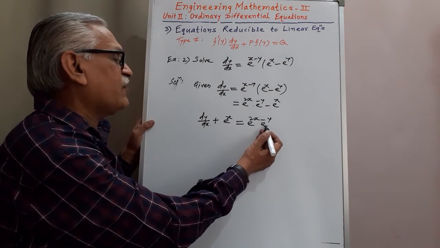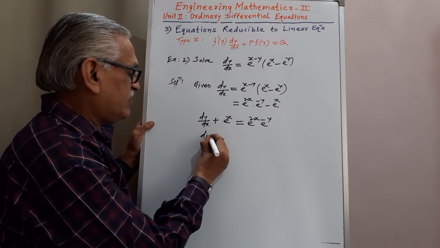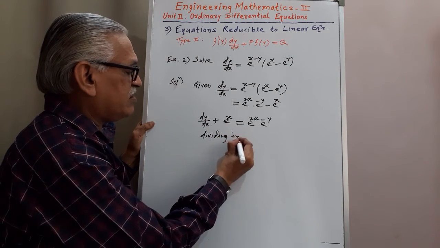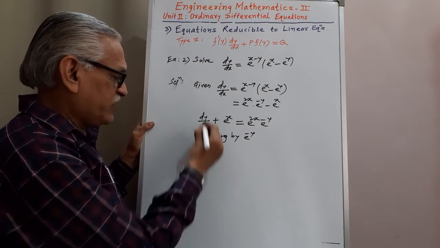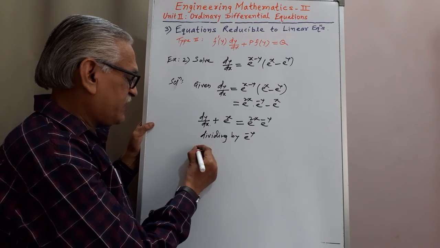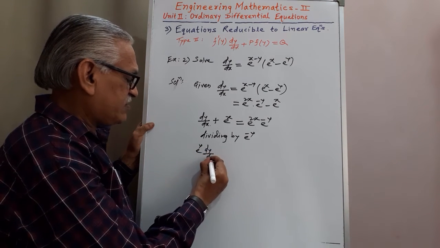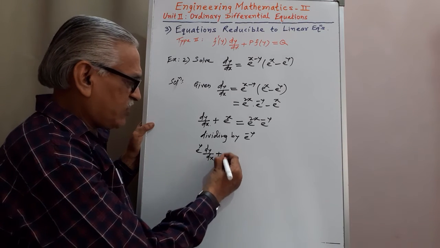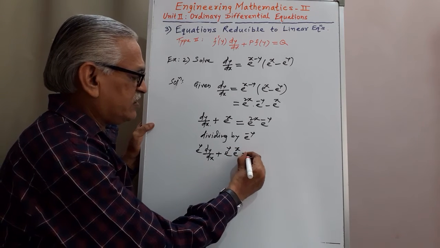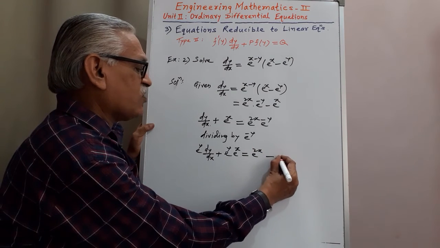Then dividing by e raised to minus y, we get 1 by e raised to minus y, which on transferring becomes e raised to y into dy by dx plus e raised to y e raised to x is equal to e raised to 2x. We call this equation 1.